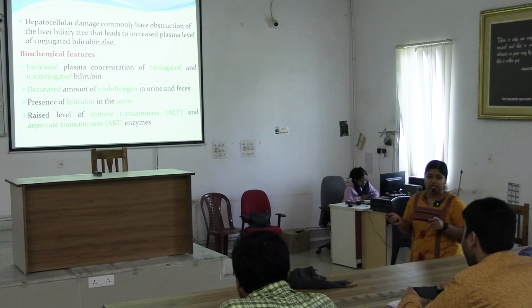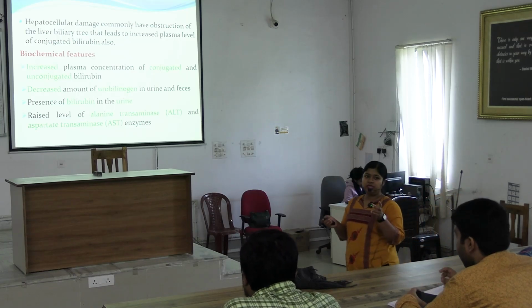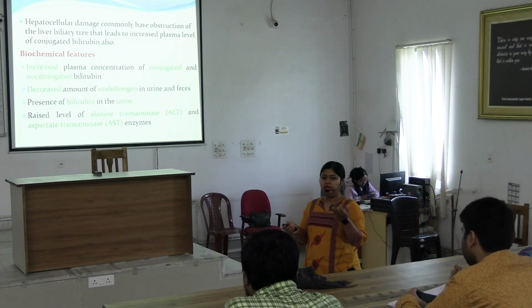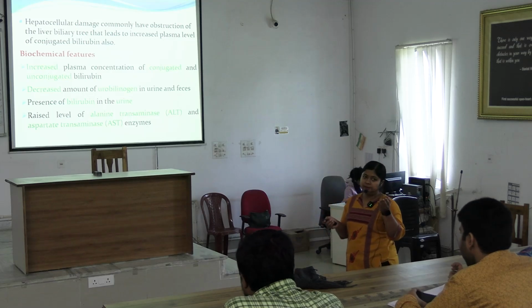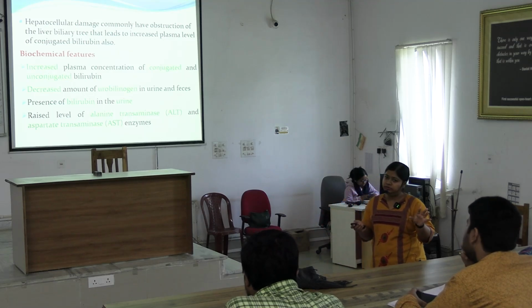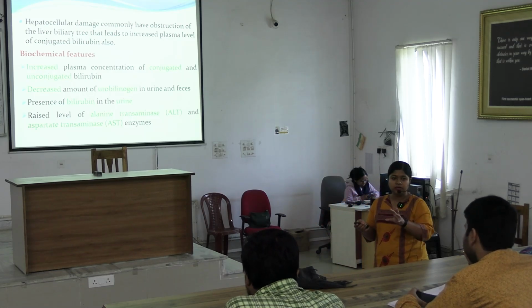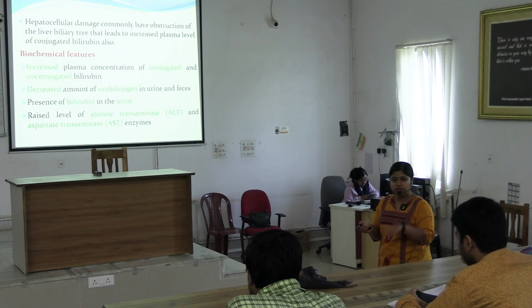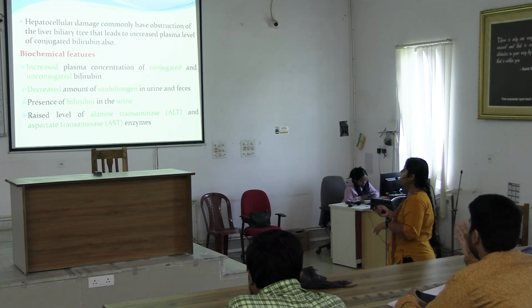So, in the hepatic type of jaundice, both conjugated and unconjugated bilirubin will increase. In case of pre-hepatic, only unconjugated bilirubin will be high. In case of hepatic hyperbilirubinemia, what will happen? Both the unconjugated and conjugated will be increased.